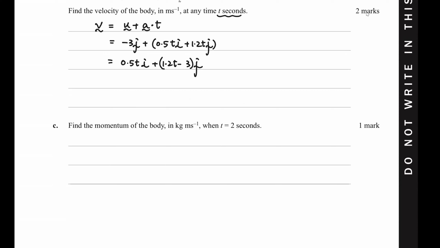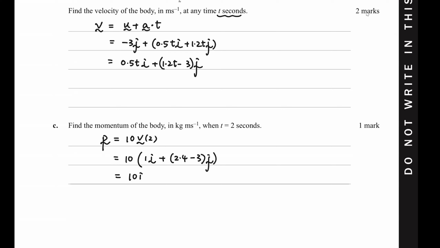Find the momentum of the body in kilogram meters per second when t equals 2. So the momentum equals m times v, at t equals 2. So I'll replace t with a 2 here. And that is 10 times, let's say, 2 times 0.5, that's 1i, and then plus 2.4 minus 3, j, which is minus 0.6.